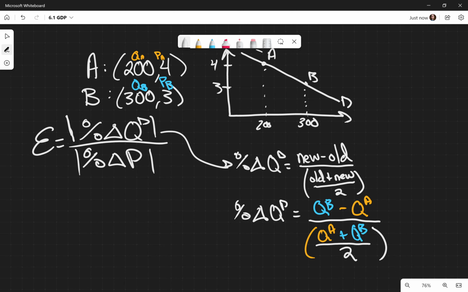And so now we just plug in those values, right? So quantity B is 300 minus quantity A, which is 200. Divide that by quantity A plus quantity B. And again, just for completeness, we will put them in here, but we can tell that that's going to be equal to 500.